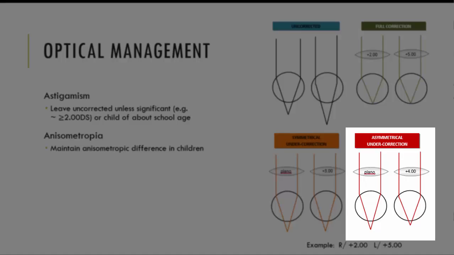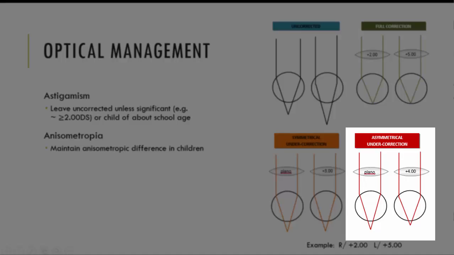So unless this is actually the aim of what you're doing, you're trying to get the patient to favour one eye over the other through asymmetrical undercorrection, then that's fine. You're otherwise potentially creating an amblyogenic situation where one eye will be favoured over the other and you could end up with amblyopia that you didn't intend to induce.